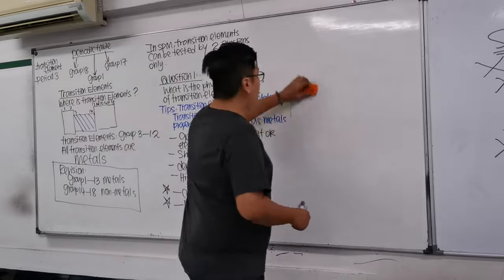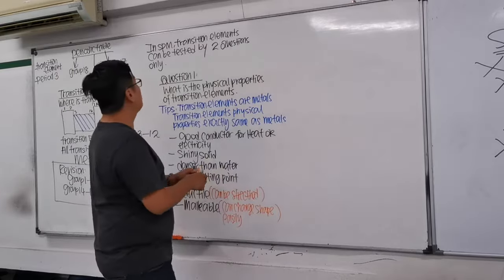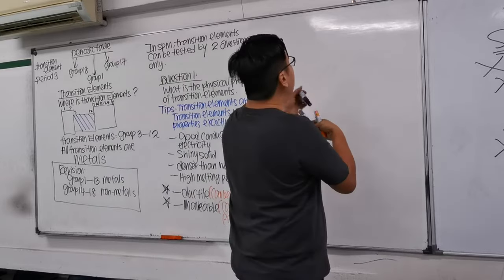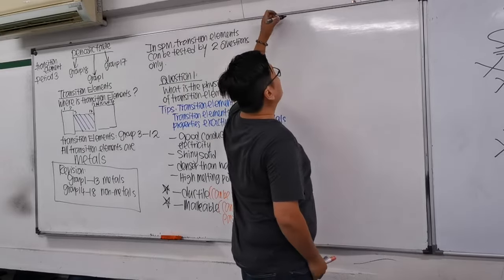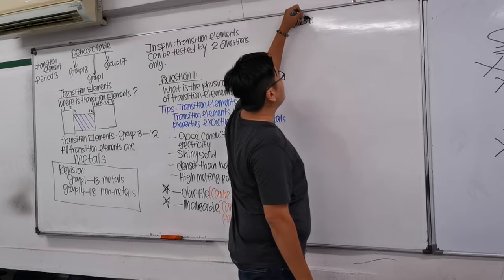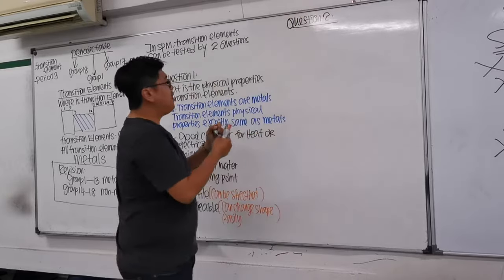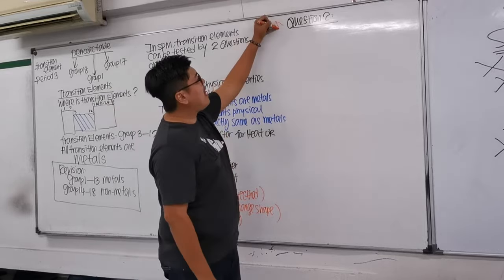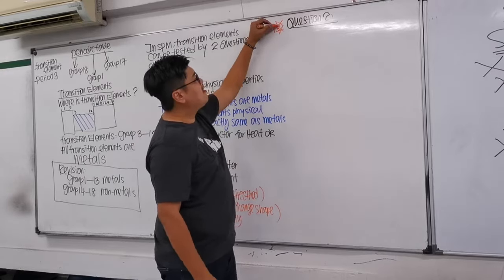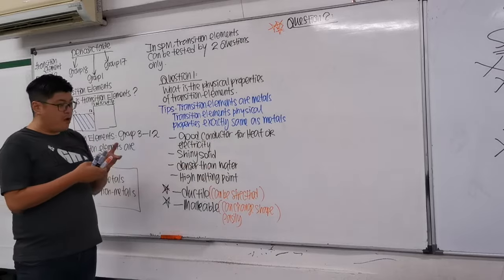The next one, which is much more important, this is the second and last question they can ask you. Let's do this, then we finish with the transition elements already. The second question, this is very popular. Star, star, star. This is very, very important.